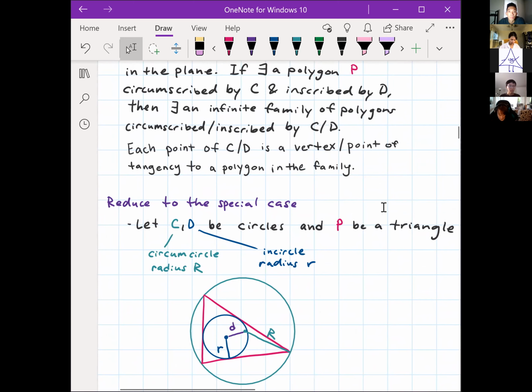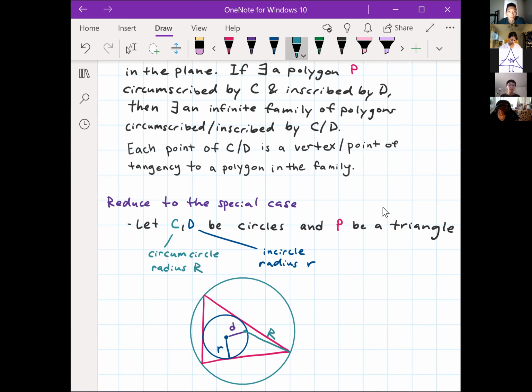So I'll call C the circumcircle and D the incircle of a triangle. Our circumcircle, we're going to call its radius big R, since it's the bigger circle, and the incircle has radius little r. So in general, when we have a triangle, we always have an incircle and a circumcircle.